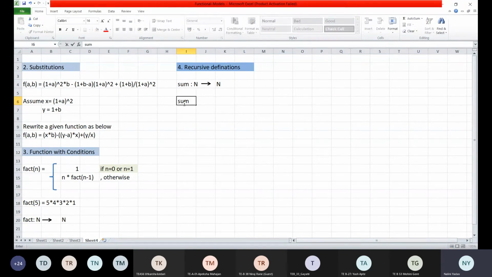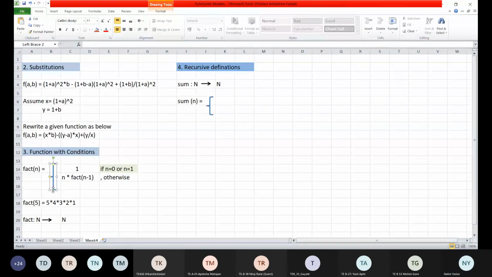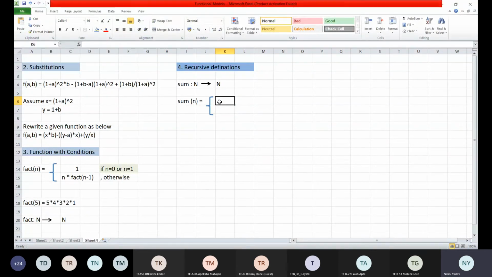Now with more elaboration, how will I define my sum function? Sum of n is equal to, how this recursive call is n plus sum of n minus 1.